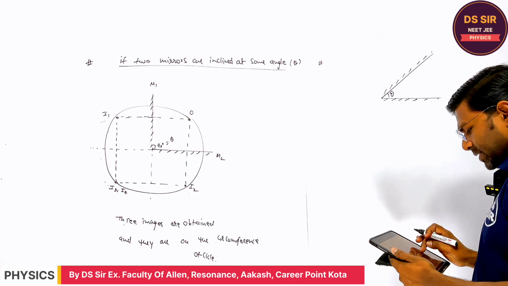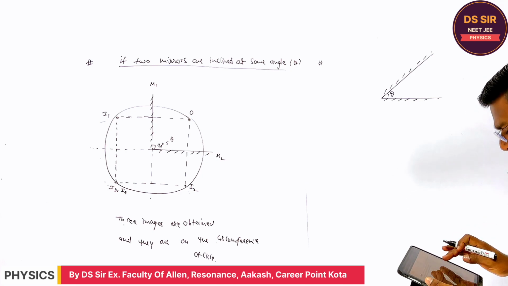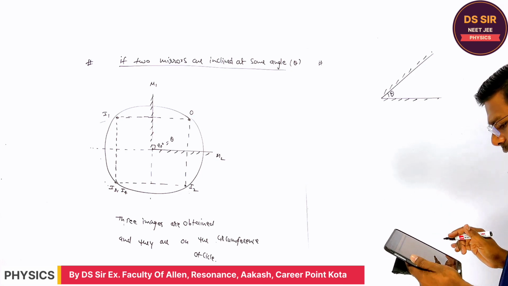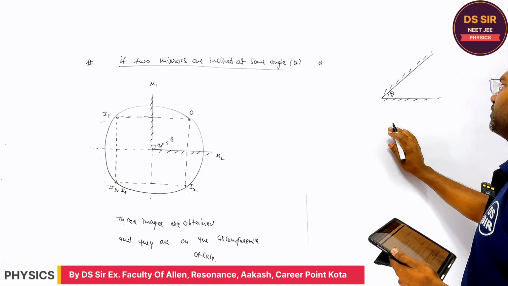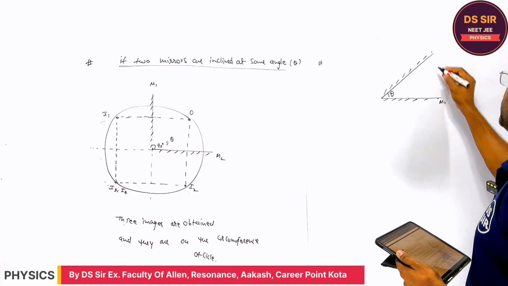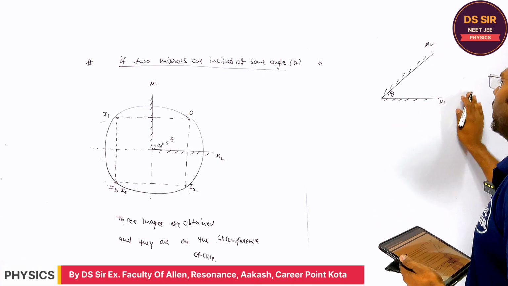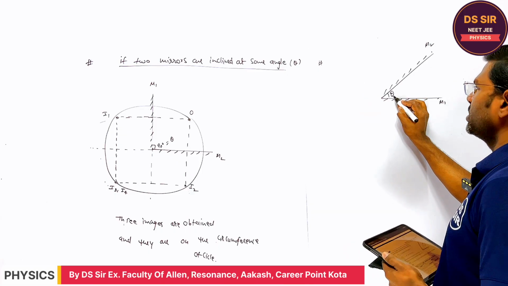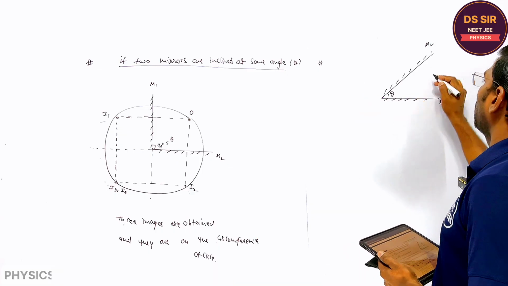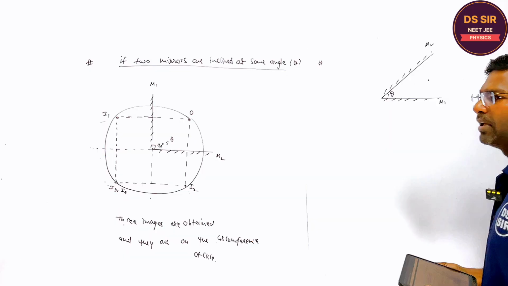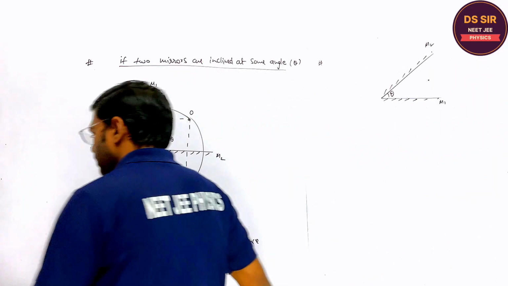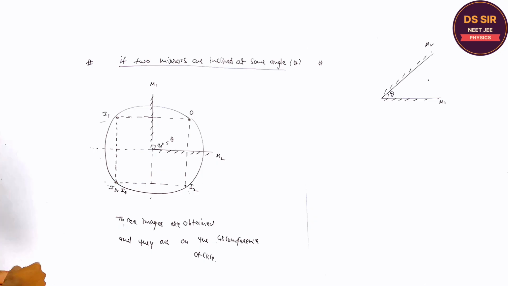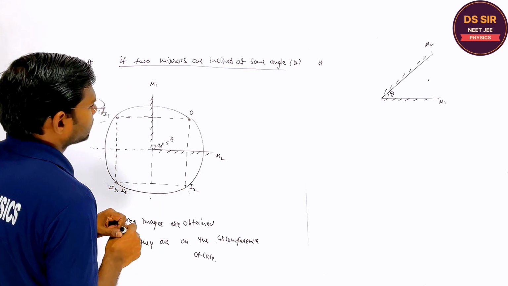So in this case, first of all, this theta, this is the mirror M1 and mirror M2. If this is theta and the object is placed over here, then how is the image formed? First of all, I am explaining how these images are formed.